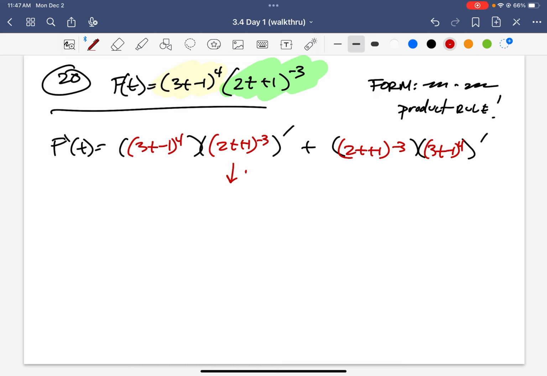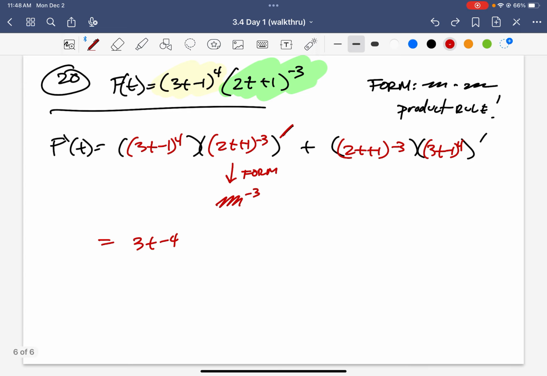So then I ask, what is the form of this derivative that I have to take? Should be pretty clear that this derivative has the form of stuff to the negative third. So that means that its derivative is going to be negative 3 stuff to the negative 4.